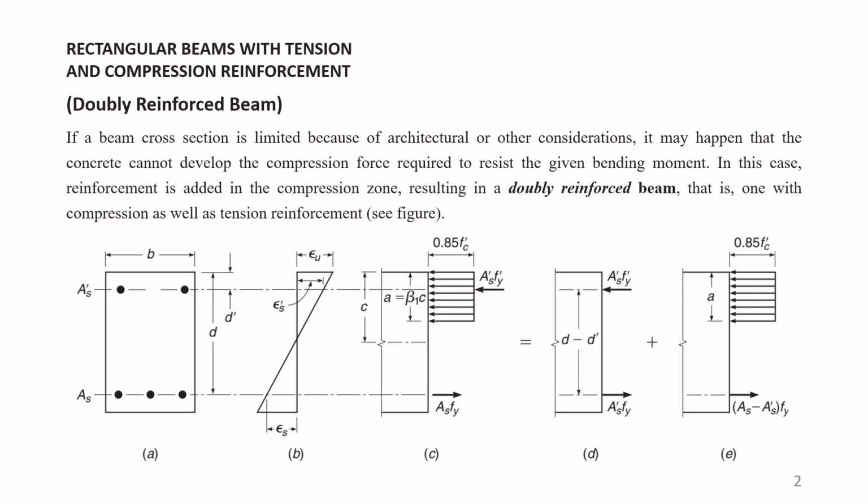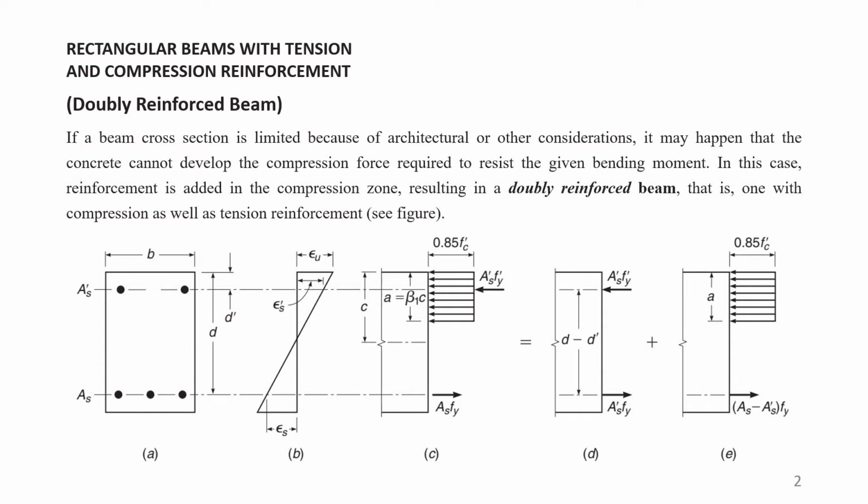Here we have shown the strain diagram of the beam. After bending, this beam will have some strain like the figure shown in B. At the top, the strain is epsilon u, that is the ultimate strain of concrete, the numerical value of which is 0.003. And in the bottom, the strain is epsilon s.